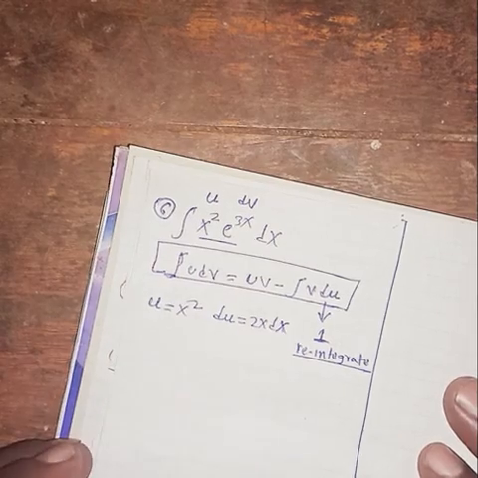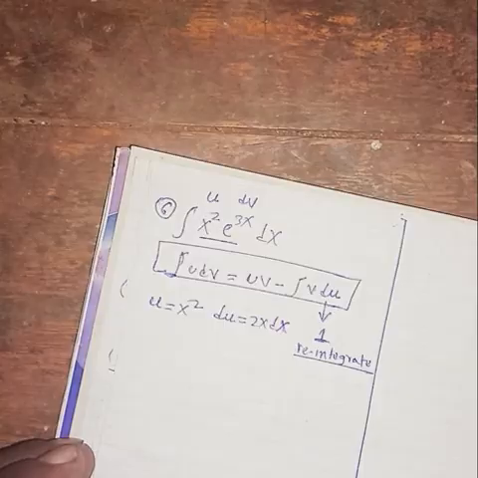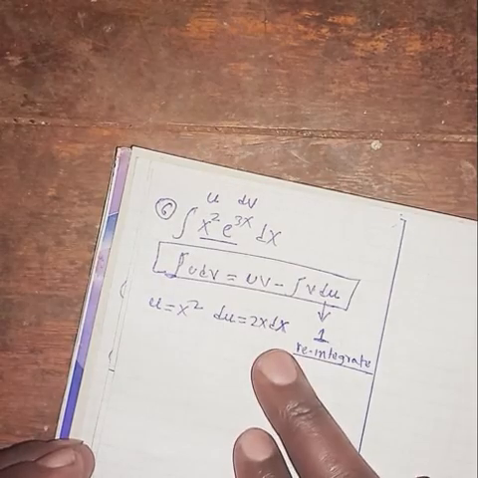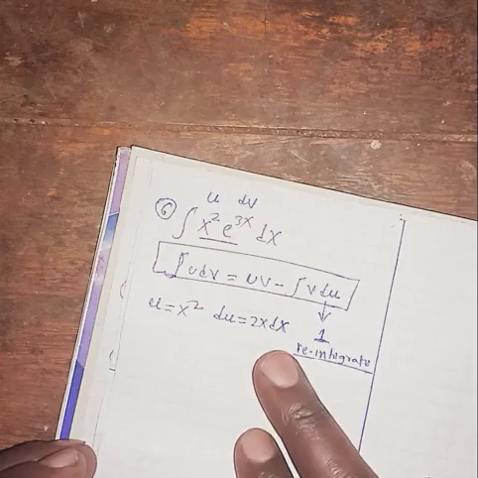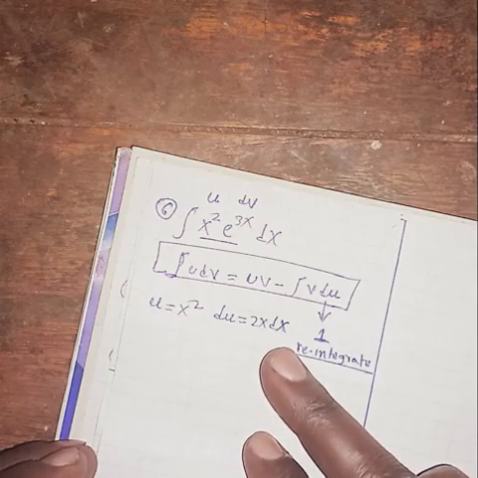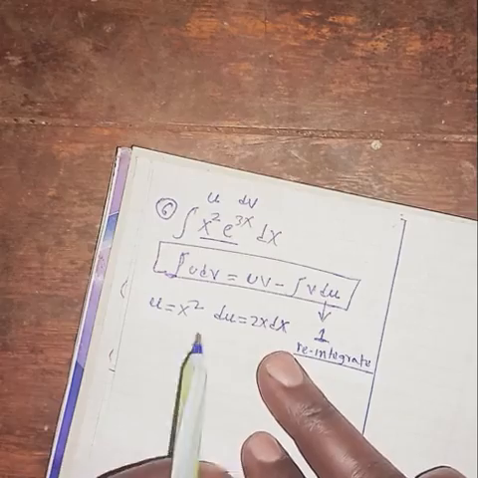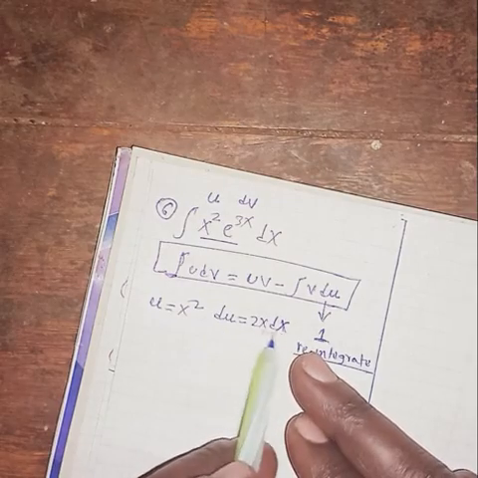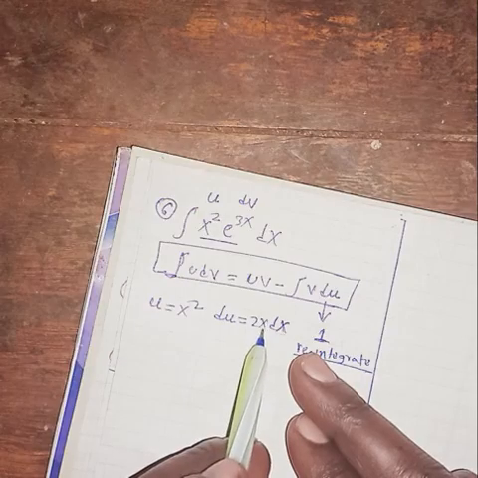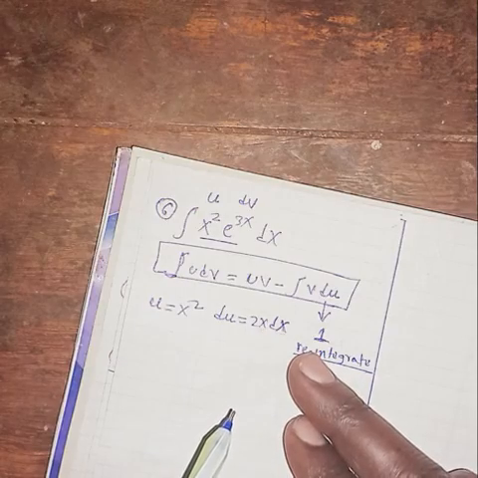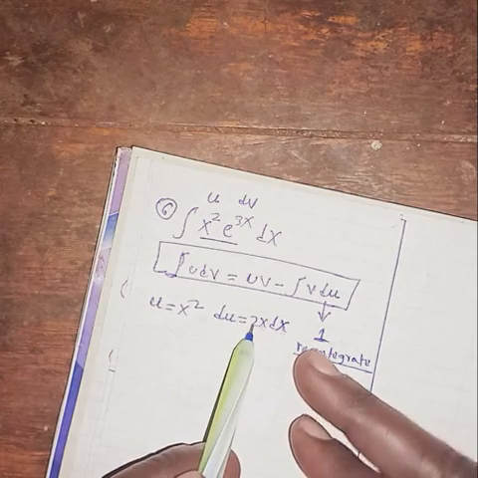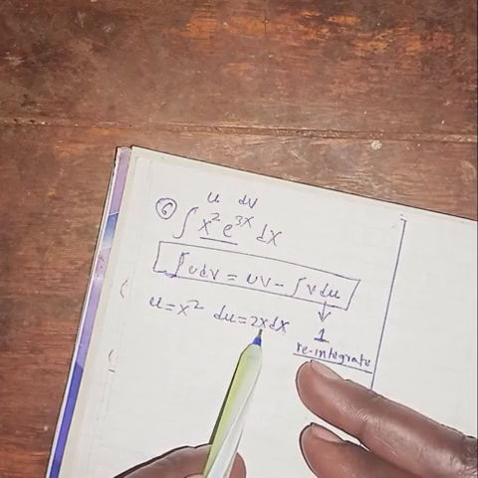Look at something. This question, you will have to do more than once. Why? Because the u is not ending with 1. You see, it still has a variable x. If we had ended with 2, it is just okay, but it still has the variable x.